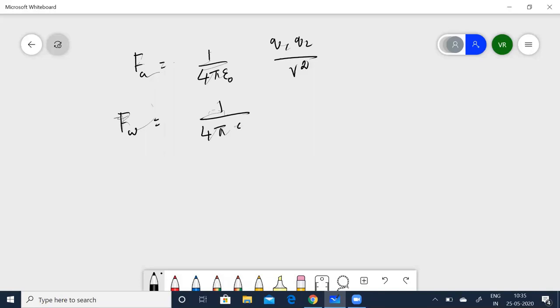Now let us take the force in air to be F. That is equal to 1 by 4 pi epsilon 0 into Q1, Q2 by R square. Fw, when it is placed in water, is now going to be 1 by 4 pi epsilon 0, K epsilon 0, because K epsilon 0 is the permittivity here, into Q1, Q2 by R square.